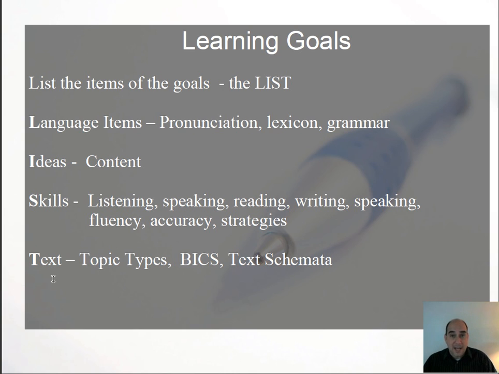Things like topic types, which he talked about when you're teaching writing, your basic interpersonal communication skills, your text schemata, the background information that you might have on a particular text that helps you understand what's going on. And so you ought to be listing these goals when you're teaching your classes, not only in your syllabus but in your daily stretch of classes, and even in your activities. You should list these particular goals.